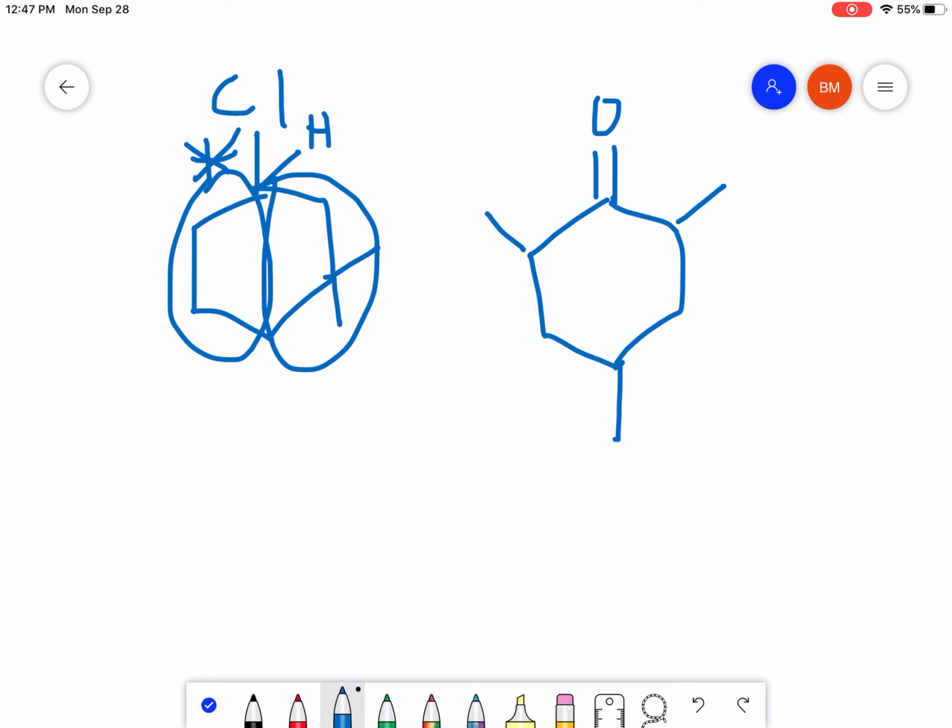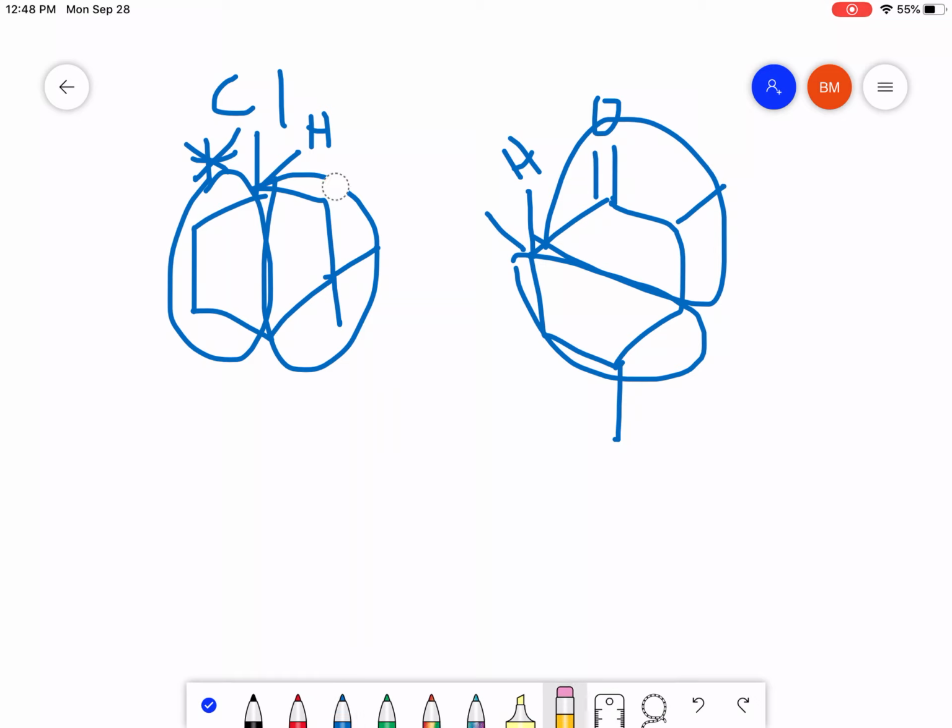Let's start off with the one over here on the left. I'm going to go ahead and draw the H that's attached. So this has a methyl group, an H. If we draw the halves of the ring, here's one half, here's the other half. It should be pretty clear that these are different, right? Because one of the halves has that double bond O, one of them doesn't.